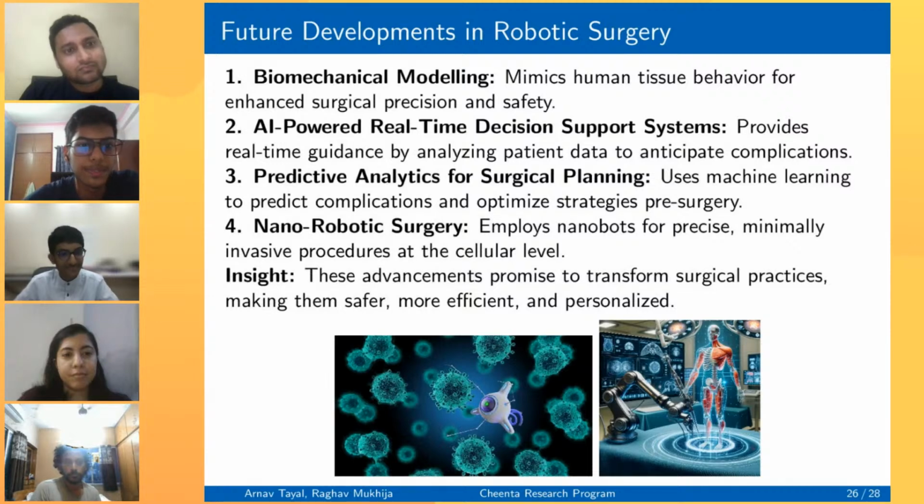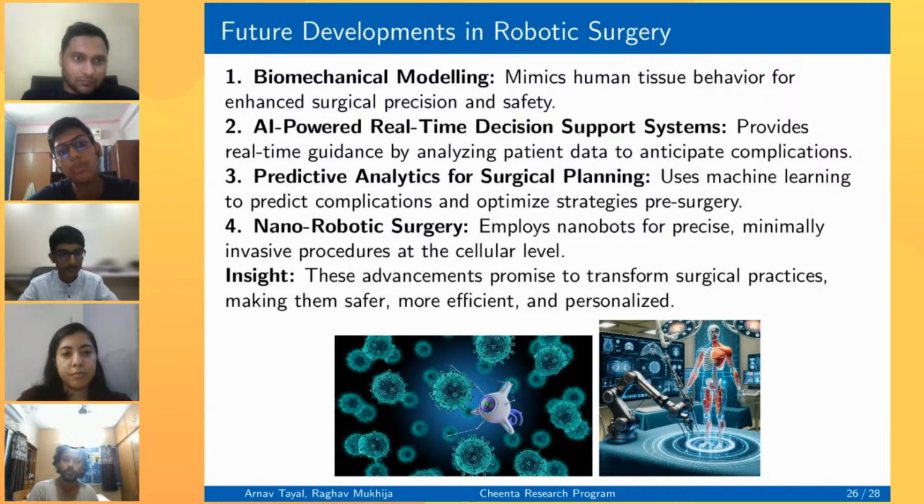Now, to execute a surgery, a robust plan is needed. Predictive analytics for surgical planning uses machine learning to forecast potential problems and improve the plans before surgery, helping doctors prepare better for what might happen during the operation.